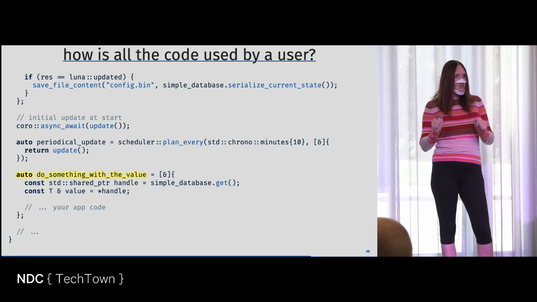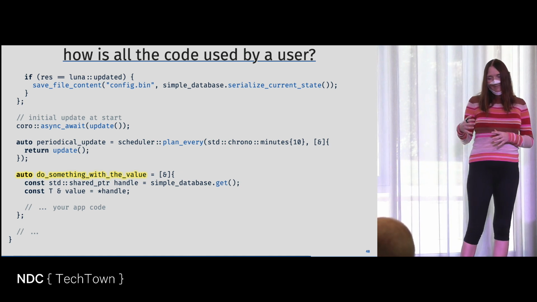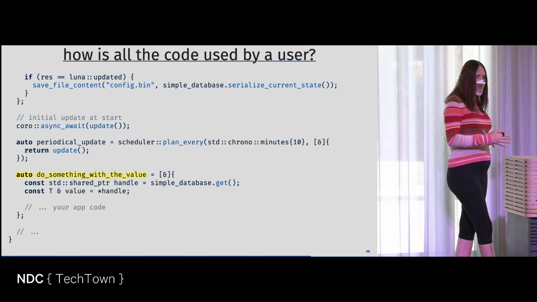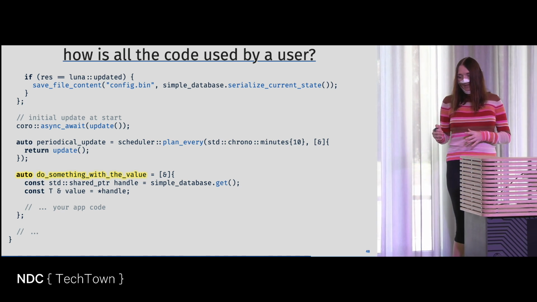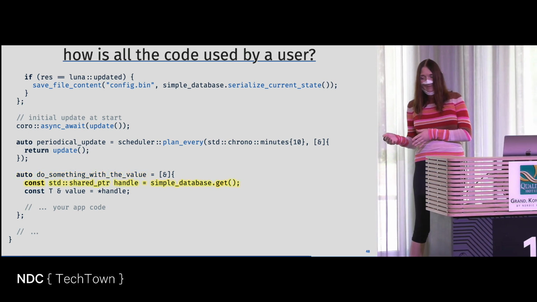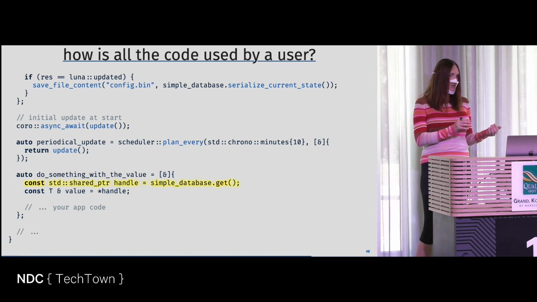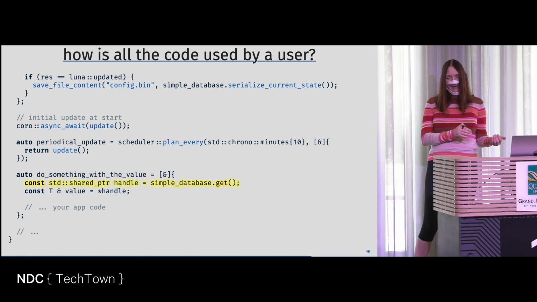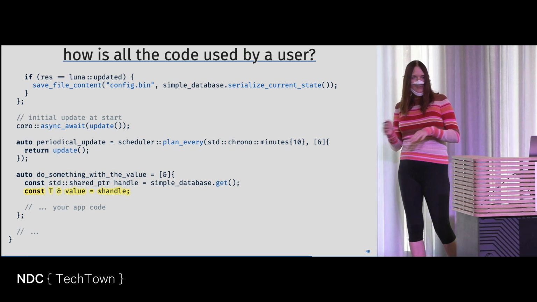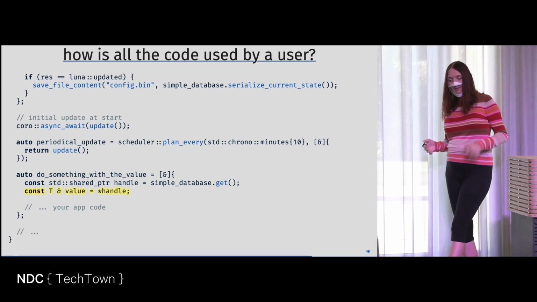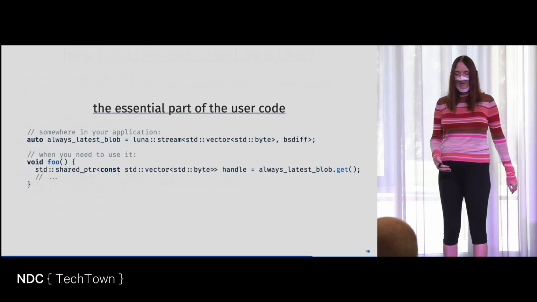And then whenever I want to do something with the subject I'm updating, I just need to get a handle, a shared pointer of it, and hold it as long as I need it and access it as a reference. And then I do the work.